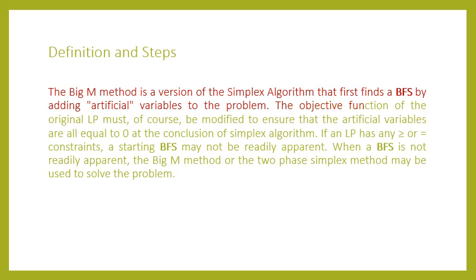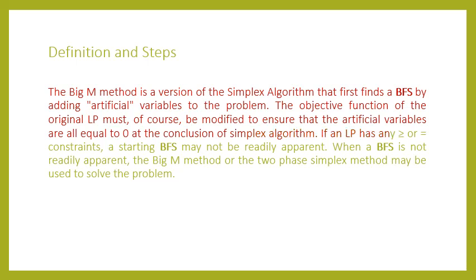The objective function of the original LP must, of course, be modified to ensure that the artificial variables are all equal to 0 at the conclusion of the simplex algorithm.